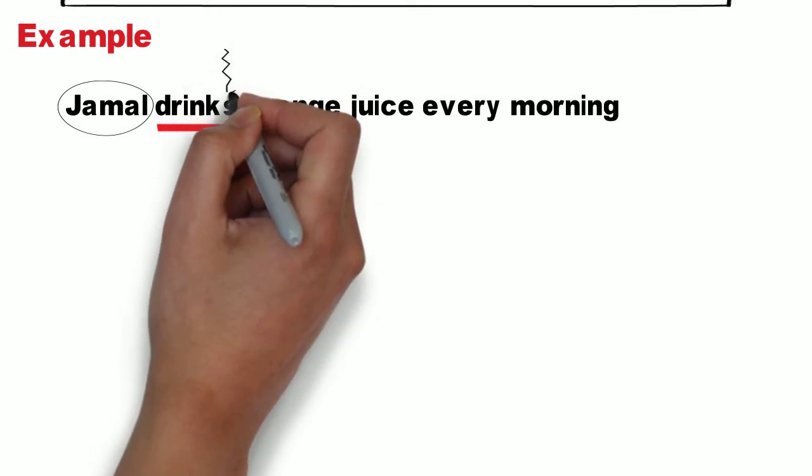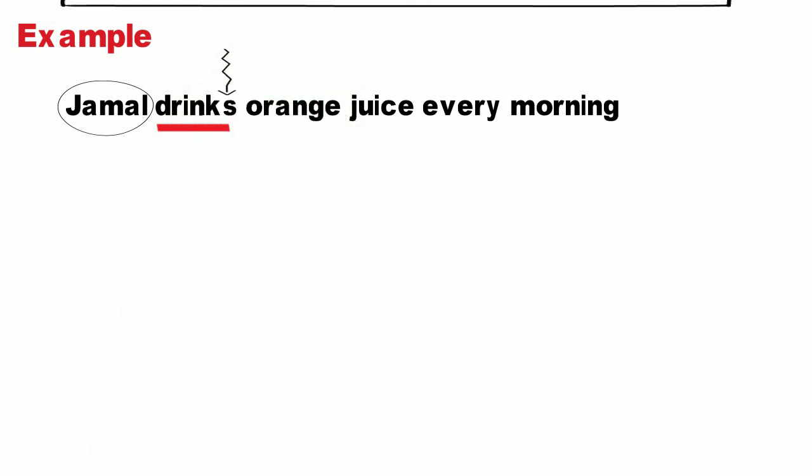You might notice that we added the letter S to the verb. It's because with verbs, only those with a third person singular noun or pronoun, he, she, and it, we add the S to the verb in the present tense. To identify a verb in a sentence, what you need to do is find the word in a sentence that describes an action.